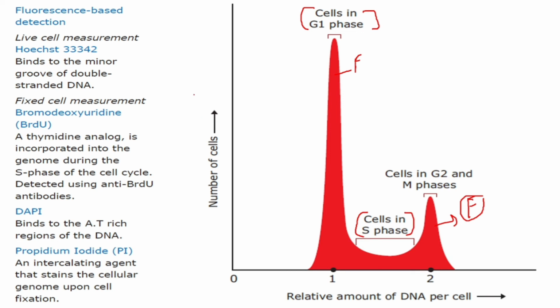These are certain dyes that are written here, like bromodeoxyuridine, DAPI, and propidium iodide. I have discussed some already, and next I will be discussing bromodeoxyuridine.